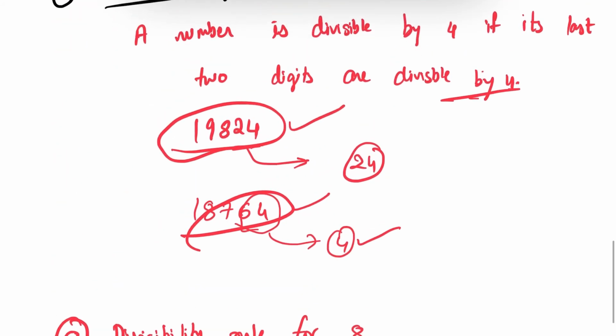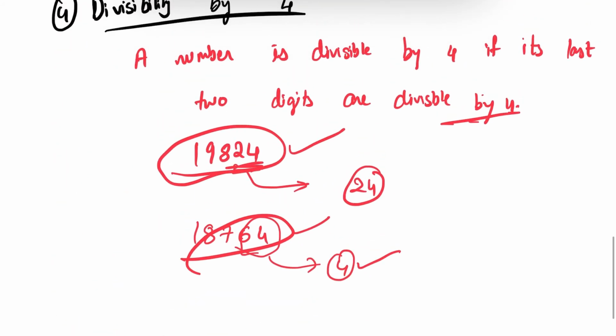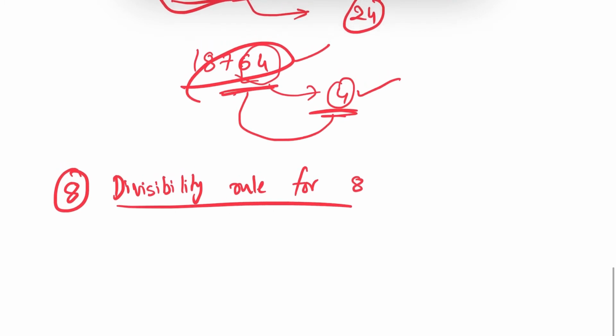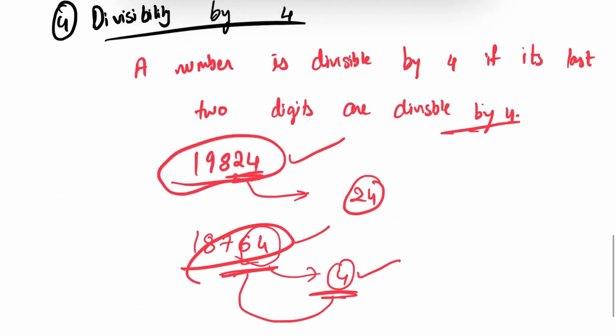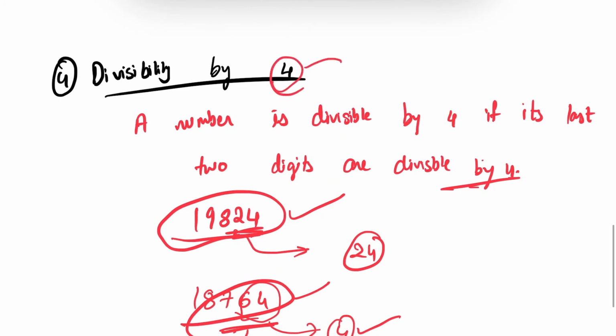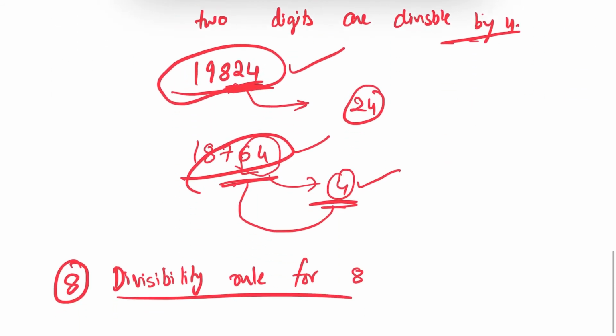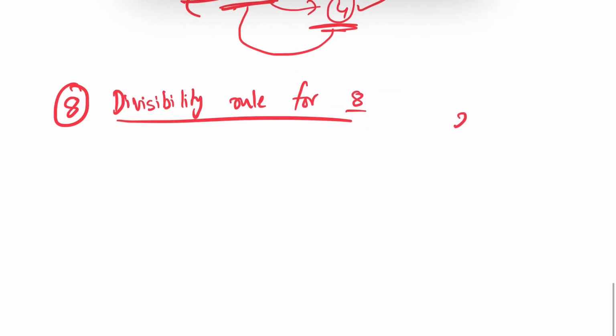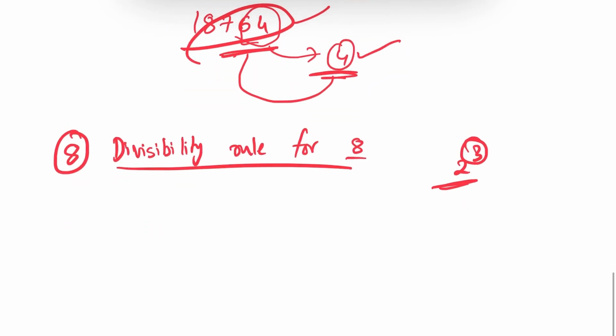See, in the last one we have looked upon the last two digits, right? So here we will be getting last three digits. Okay, you can understand this like this. 4 is nothing but 2 power 2, and hence we will be taking last two digits. 8 is nothing but 2 power 3, and hence we will be checking for the last three digits.